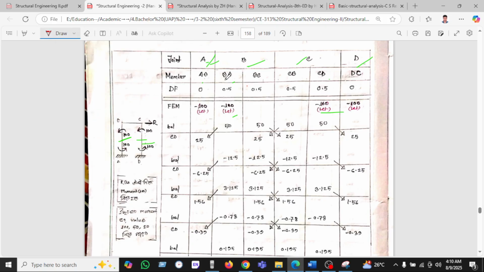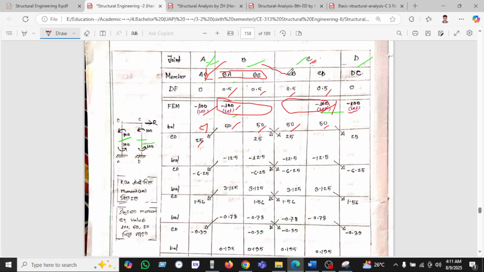If we change the color, at point B, 100 into 0.5 equals 50, 100 into 0.5 equals 50, and the 100 is 0. At joint C, 100 into 0.5 equals 50, 100 into 0.5 equals 50. Now for B to A, 50 divided by 2 is 25.